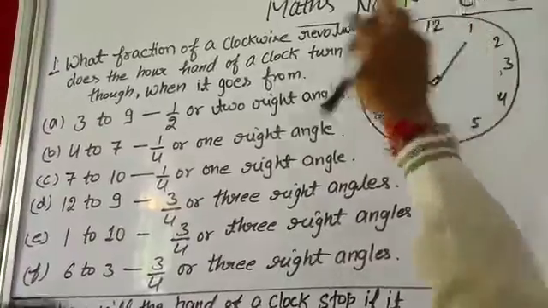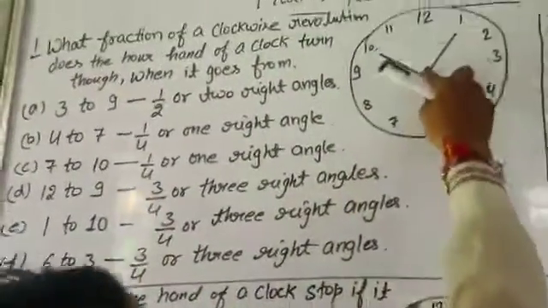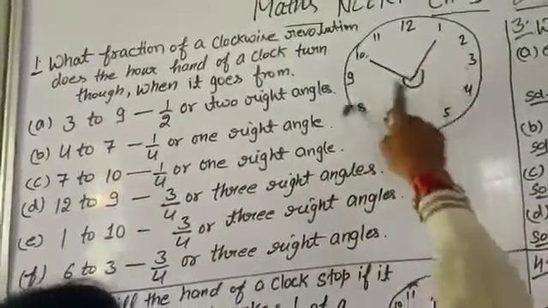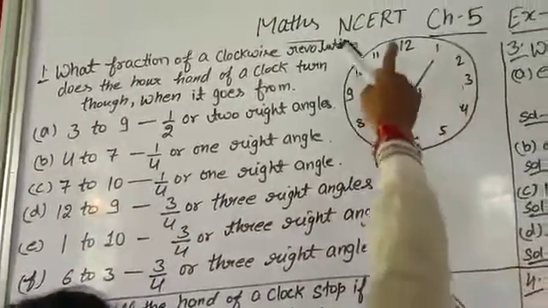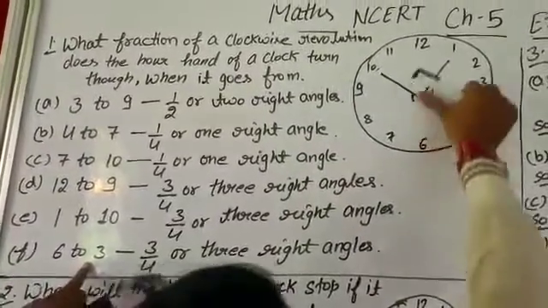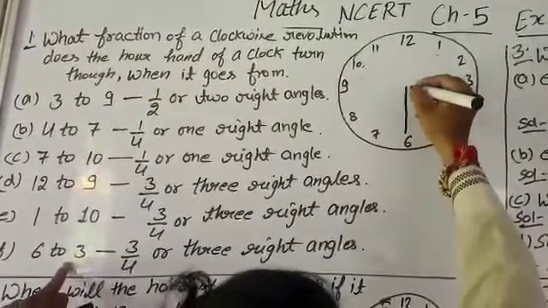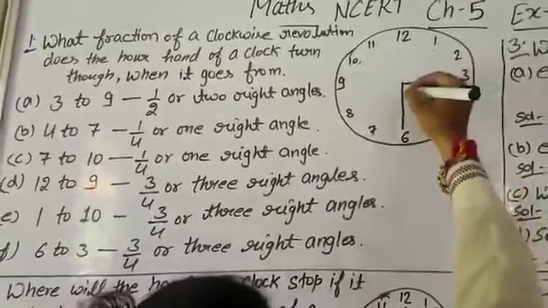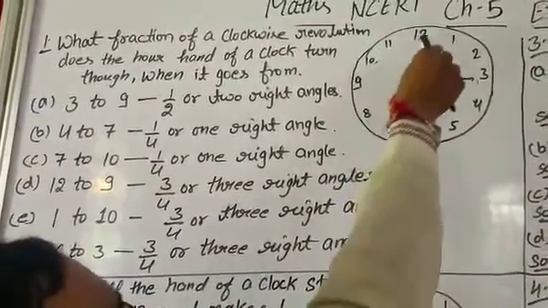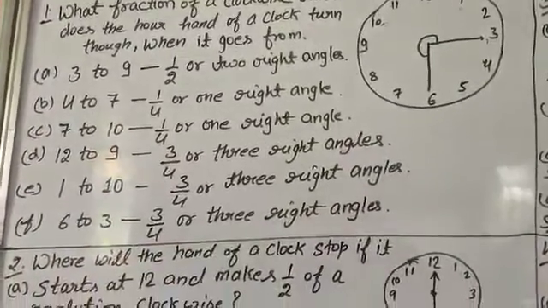Also 1 2 3, so 3/4 or 3 right angles. Now part F, 6 to 3. 6 to 3 is also 3 right angles, 1 2 and 3. So 3/4 or 3 right angles.